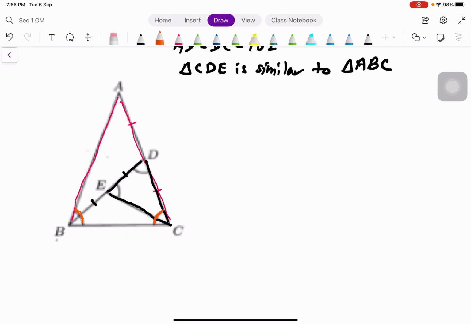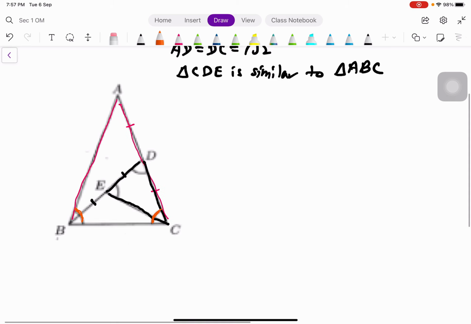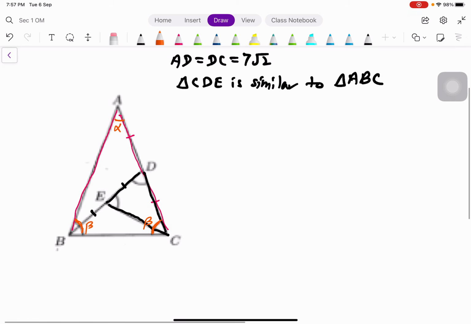Let me call this alpha, this beta, and this beta.